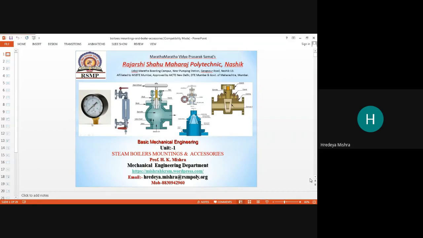So boiler mounting is required to operate the boiler, and boiler accessories are utilized to increase the efficiency of the boiler.